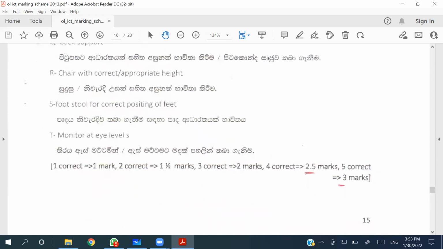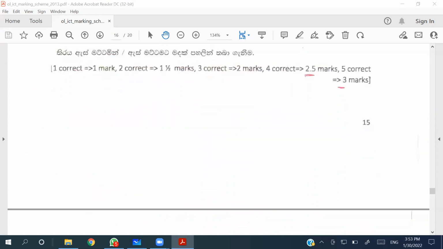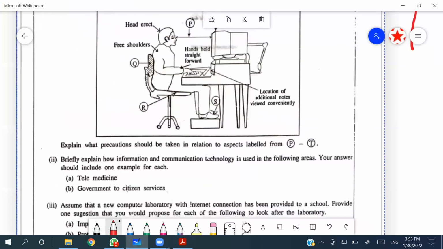Okay. So moving forward, they are saying briefly explain how information and communication technology is used in the following areas. Your answer should include one example for each: telemedicine, government to citizen service.